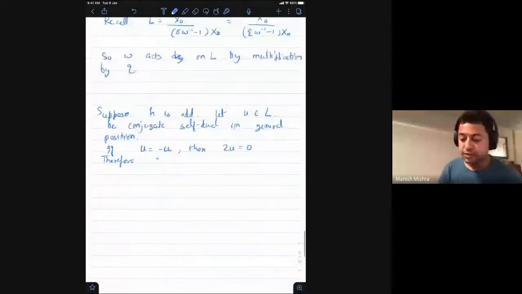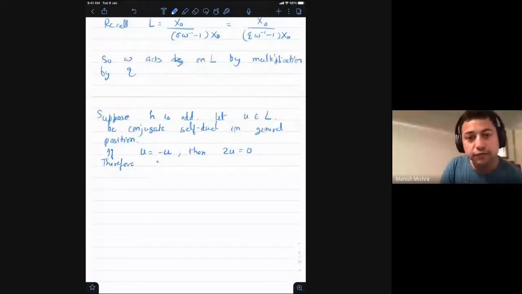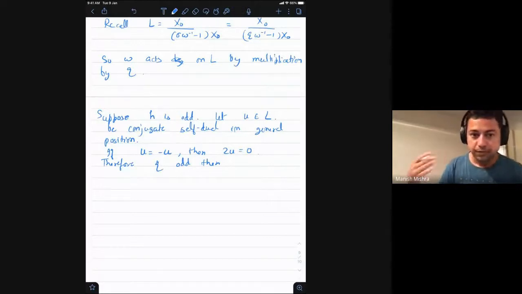Remember that the generator of the Weil group acts by multiplication by q. Therefore, if q is odd, then qu is equal to u, because q is congruent to 1 mod 2. So 2u is 0, so qu is equal to u.